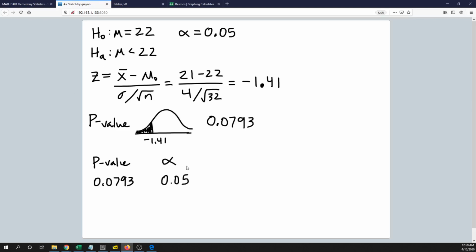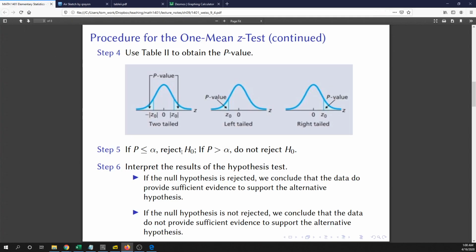We're just looking to see which one of these is bigger, and we notice that the p-value is bigger. So the p-value is bigger, we do not reject the null hypothesis. So that is this step right here, step 5.